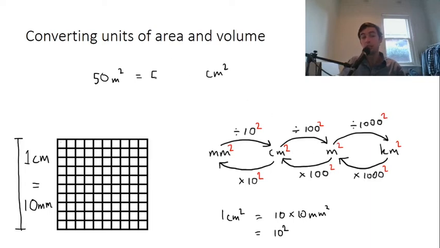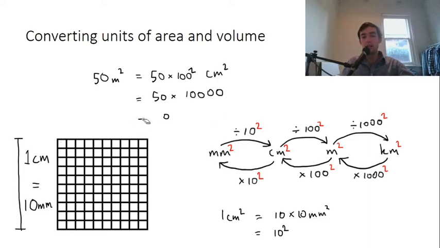So we've got 50 times 100 squared, which is 100 times 100, isn't it? So that's 50 times 100 times 100. It has to have 1, 2 zeros for the first 100, 3, 4 zeros. So that ends up being 500,000 centimeters squared.